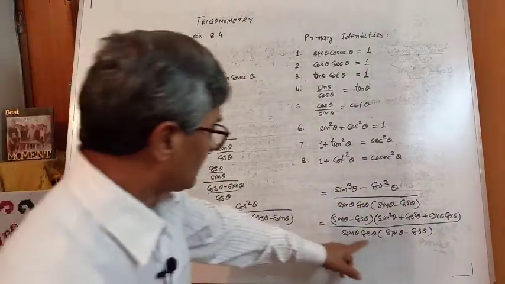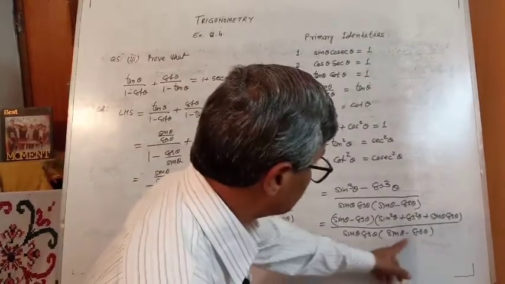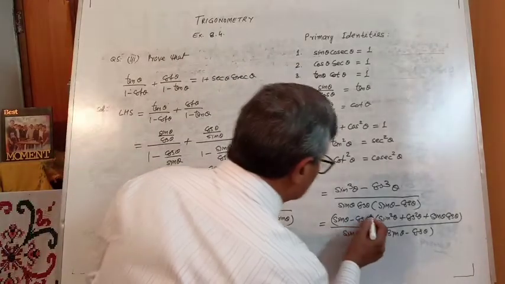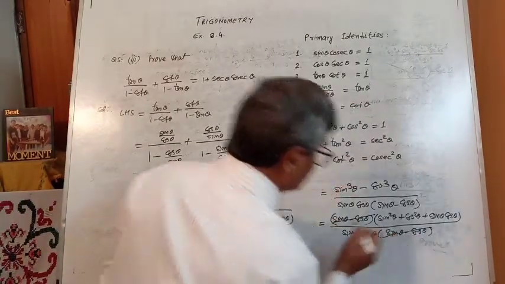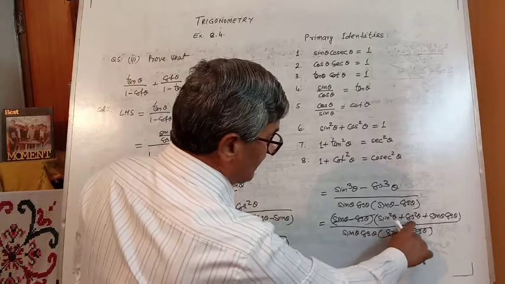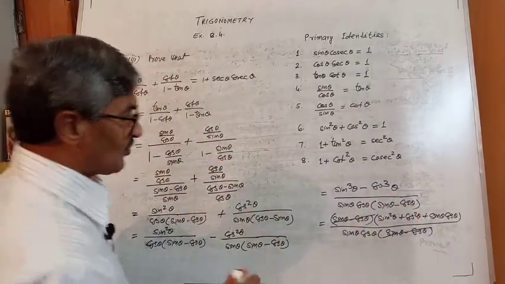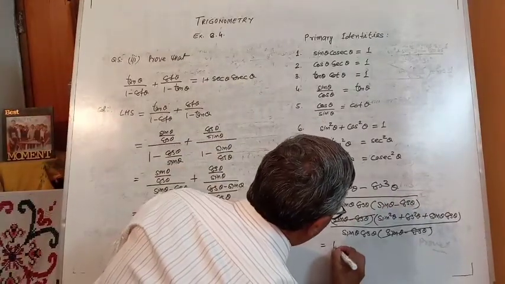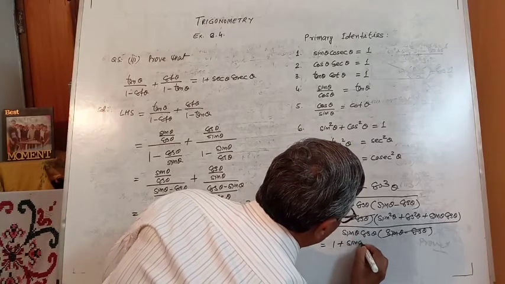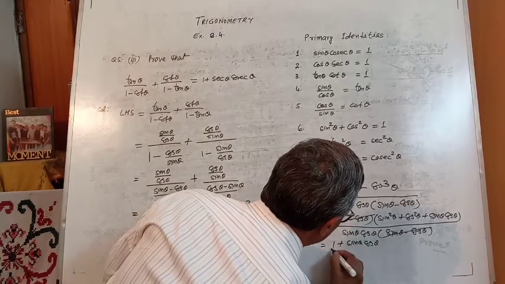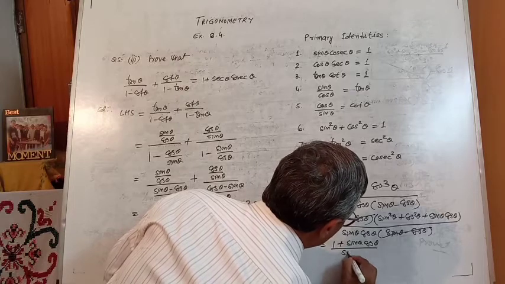Now here you see sin theta minus cos theta and here also sin theta minus cos theta. These will be cancelled. And sin square theta plus cos square theta is equal to 1. So 1 plus sin theta cos theta divided by sin theta cos theta.